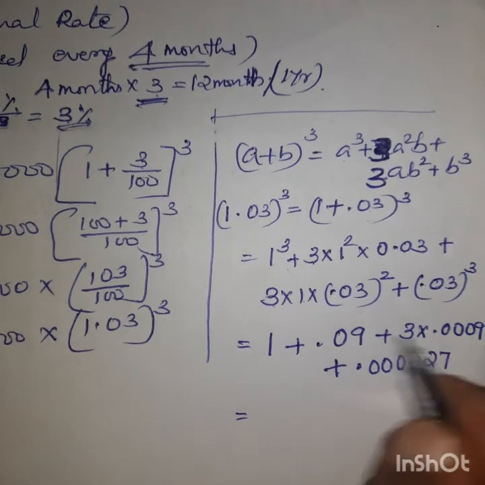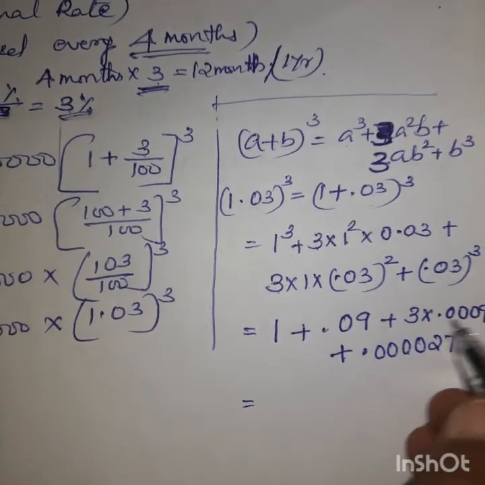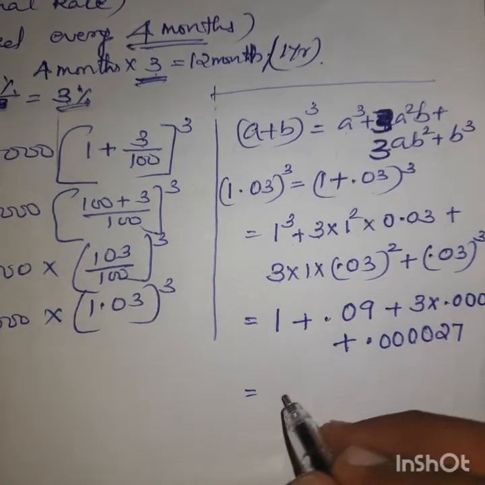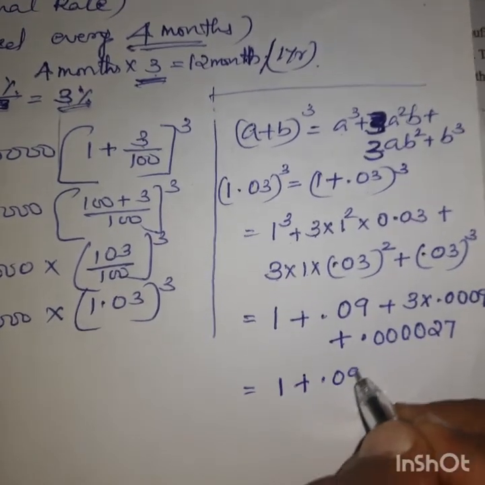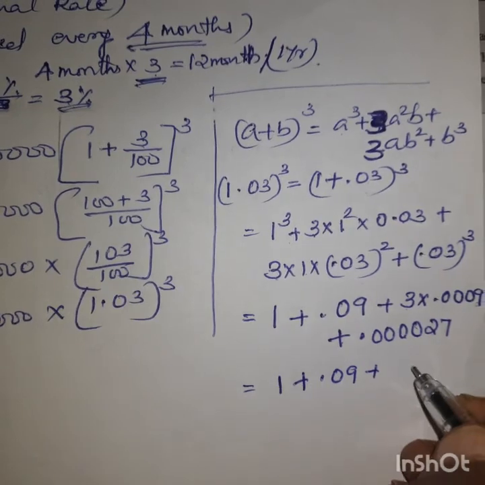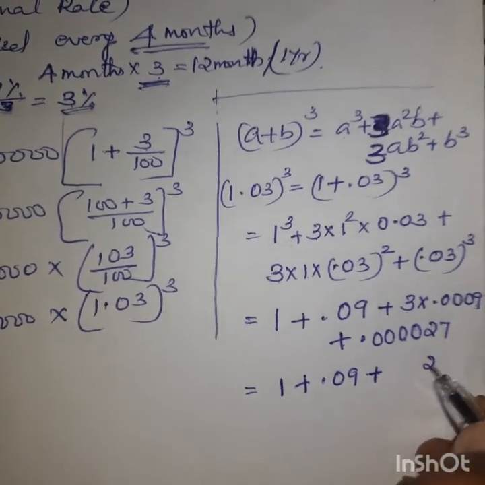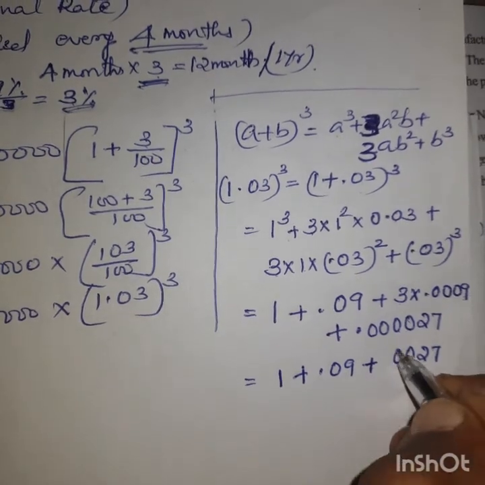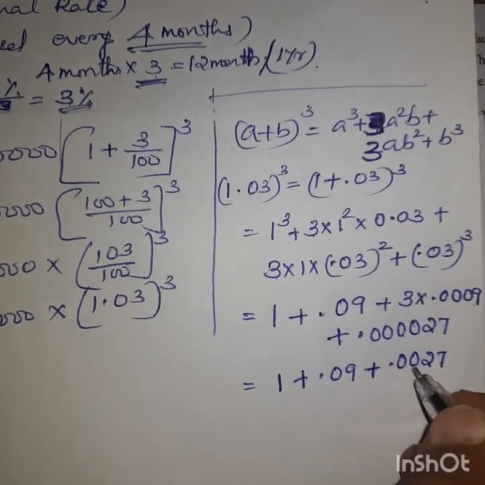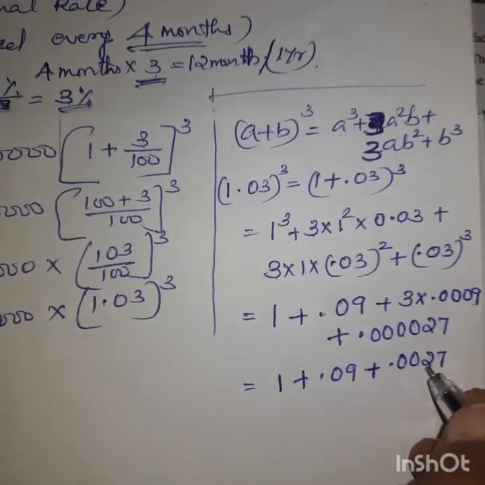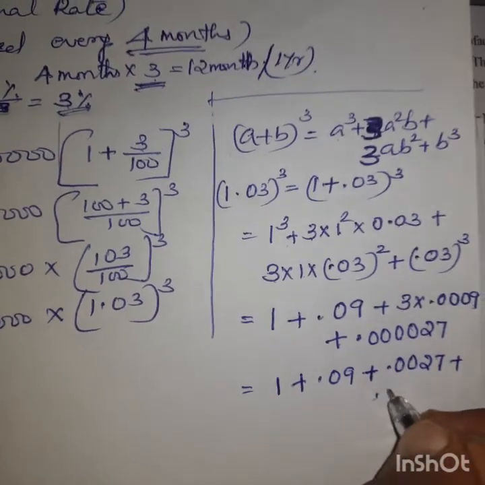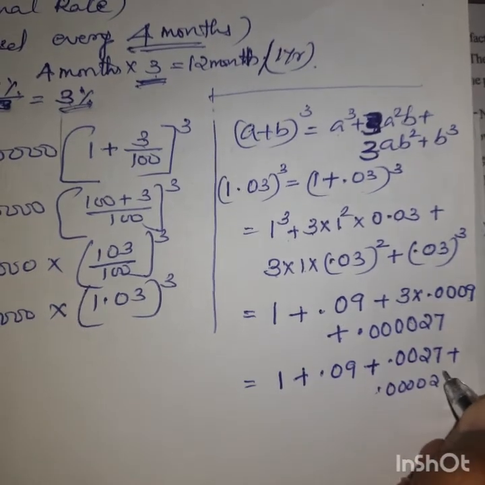Then you have to add all. Here also you have to multiply 3 into 0.0009. So it is 1 plus 0.09 plus 3 into 9, 27, here 4 decimal places, 0.0027, plus 0.000027.